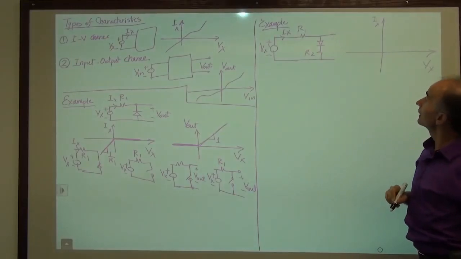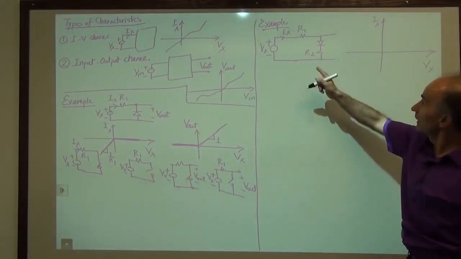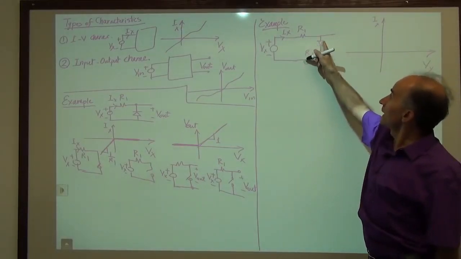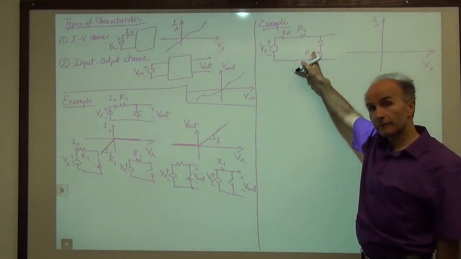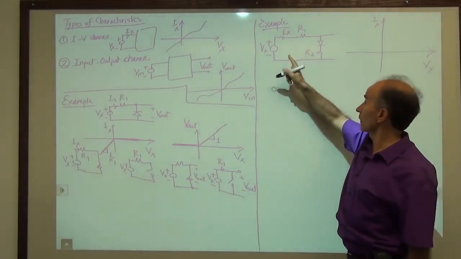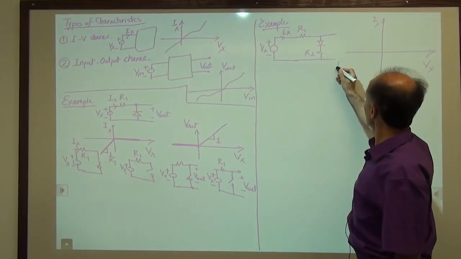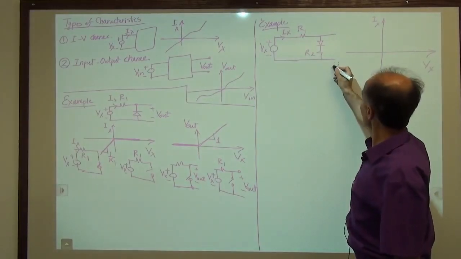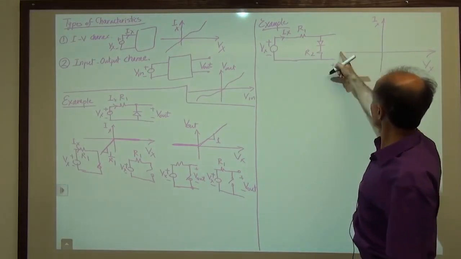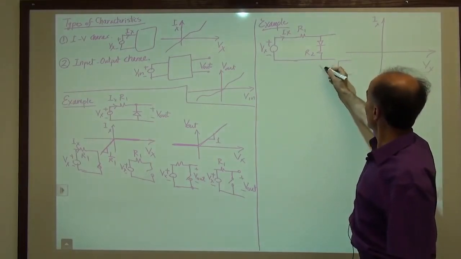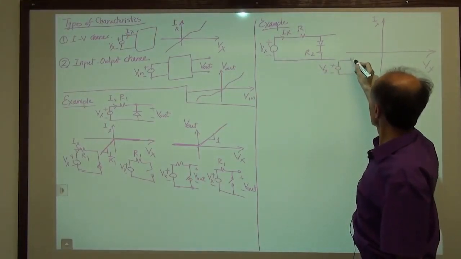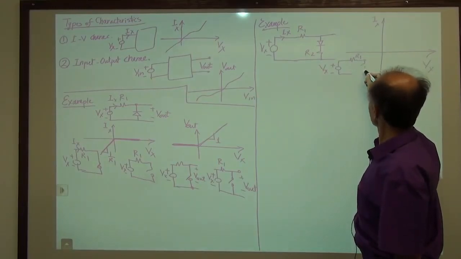And we say when Vx is very negative, we are guessing that the diode will be off. If the diode is off, we draw the circuit to make sure we don't lose track of things. So in this regime here, where Vx is negative, we have Vx, then we have resistor R1, then we have an open circuit, then we have resistor R2.